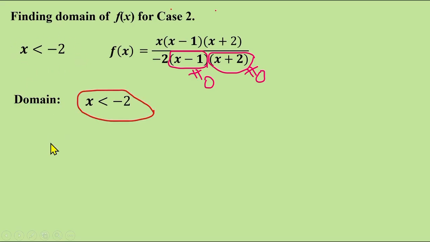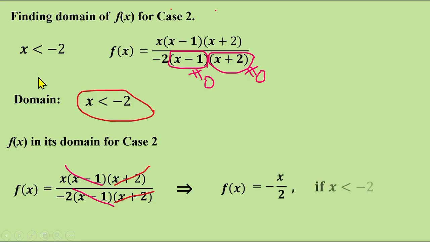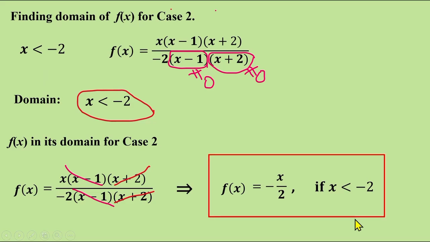Function in this domain is equal to this expression. This multiplier is not equal to 0, so we can cancel them. And we have the answer for our function in this domain. Actually, this is simplified expression for our initial expression in this interval.